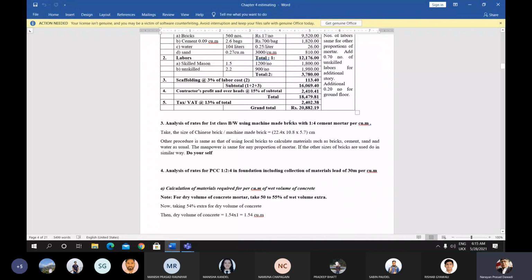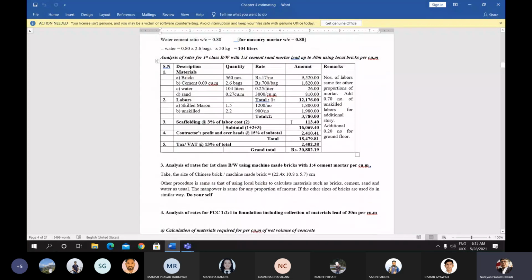In a similar manner, do it yourself. In the remark column, the number of laborers is the same for other proportions also. The skilled manpower is 1.5 and unskilled is 2.2. It is the same for other proportions.